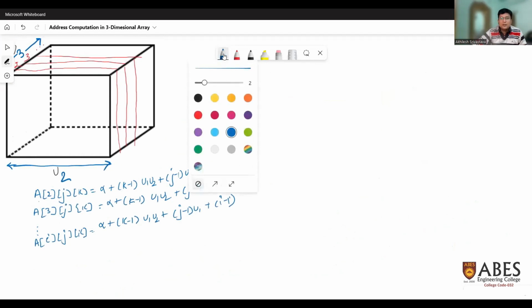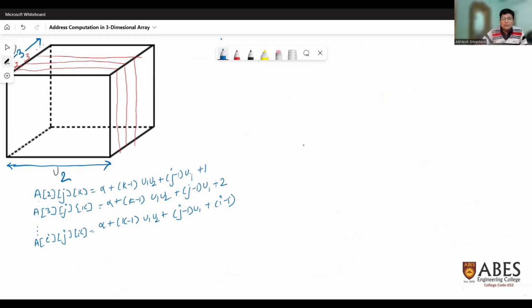Now let's remove all these assumptions. If I remove the first assumption, that every element is taking 1 byte, and instead every element takes n bytes for storage, then the entire quantity other than alpha will be multiplied with the number of bytes an element takes for storage.